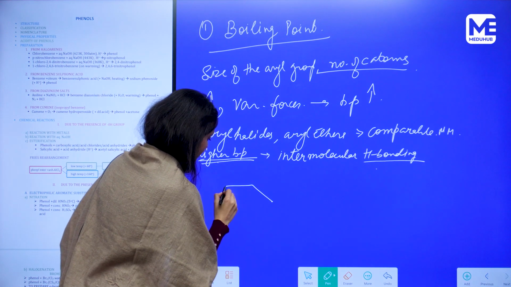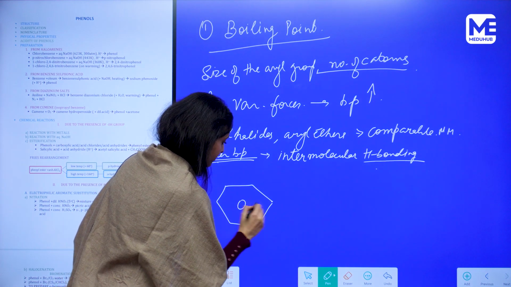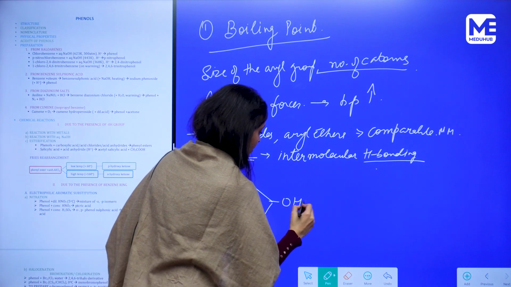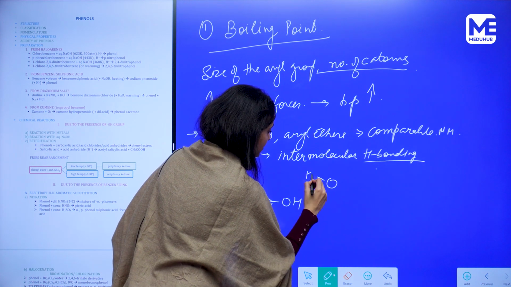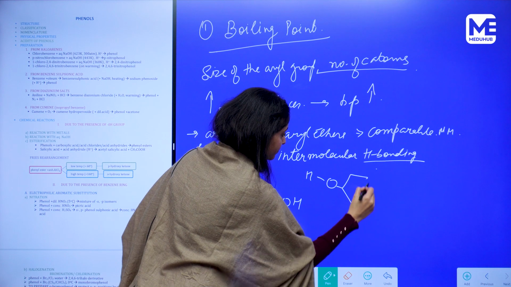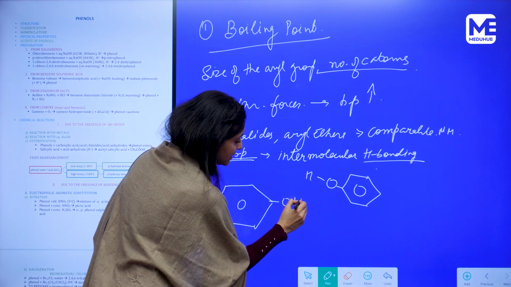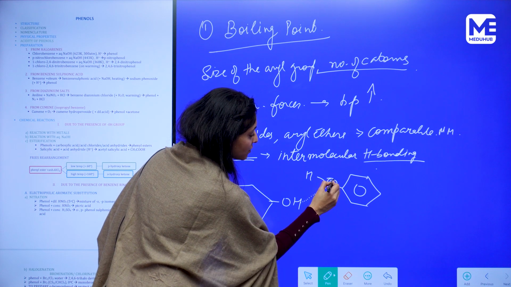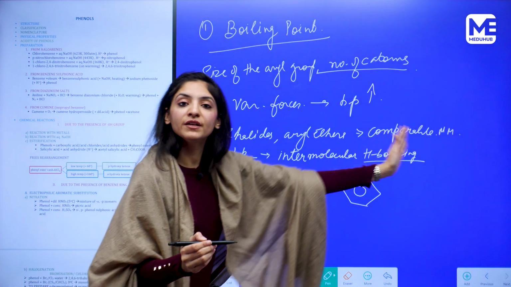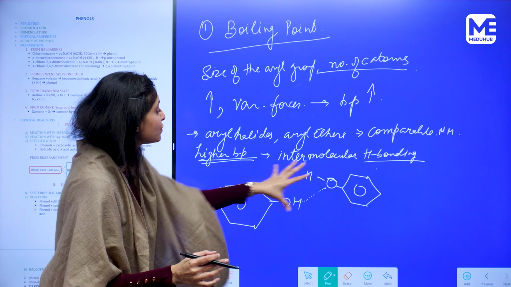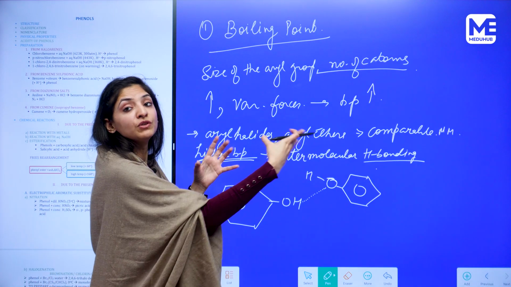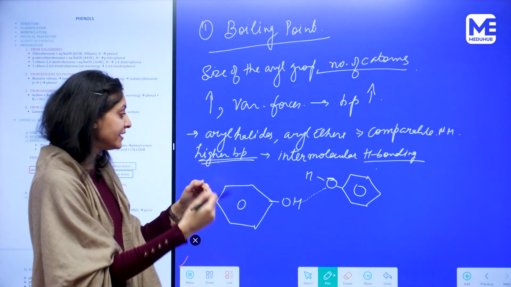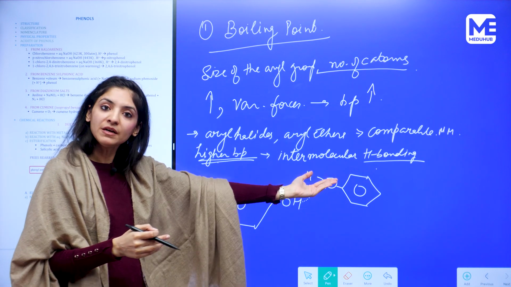We have a phenol molecule here and we have one here. So this hydrogen will have intermolecular hydrogen bonding with this oxygen here, and so on and so forth. Because of these forces of attraction, all the molecules will be more attracted to each other, and hence the phenols will have a higher boiling point.